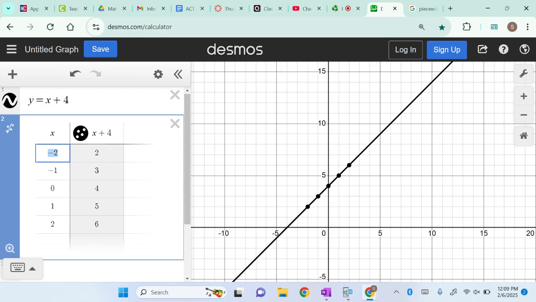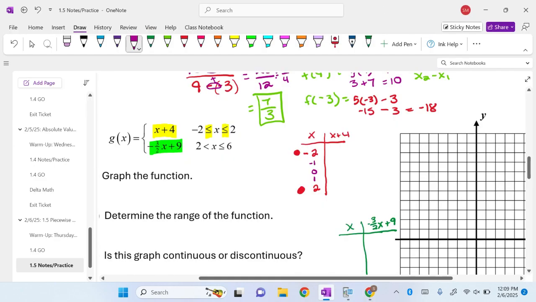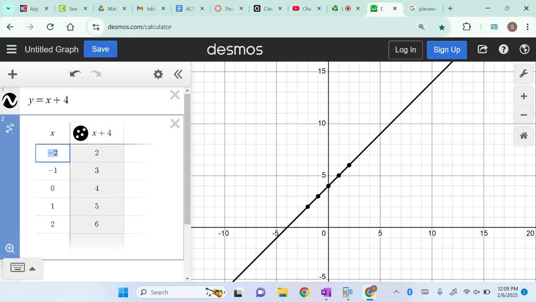And lucky us, it's the exact one that we want. So when x is negative 2, I'm at 2. When x is negative 1, I'm at 3, 4, 5, and then 6. So that just came straight from basically copying this table.